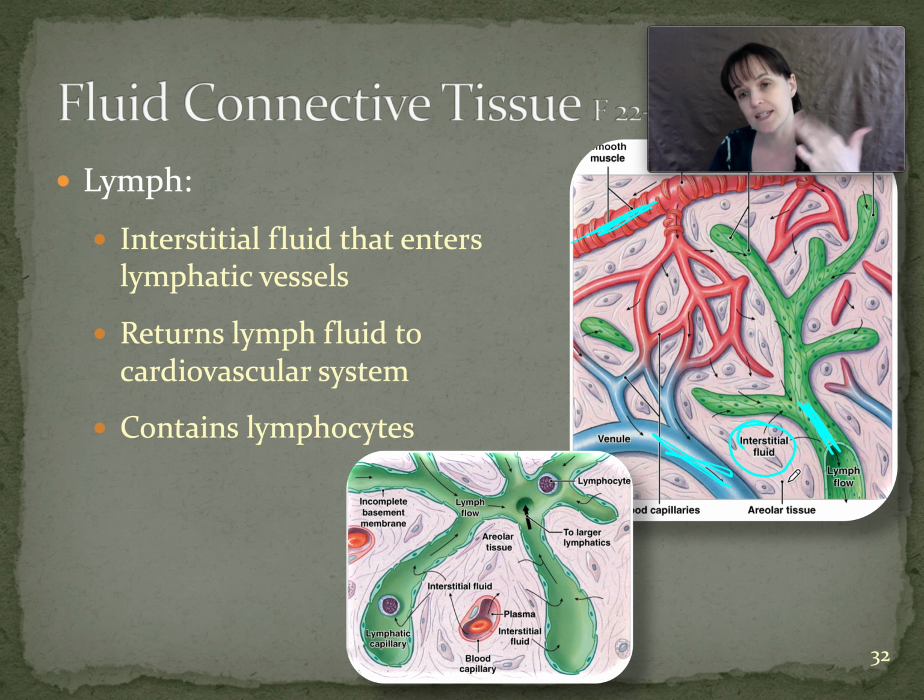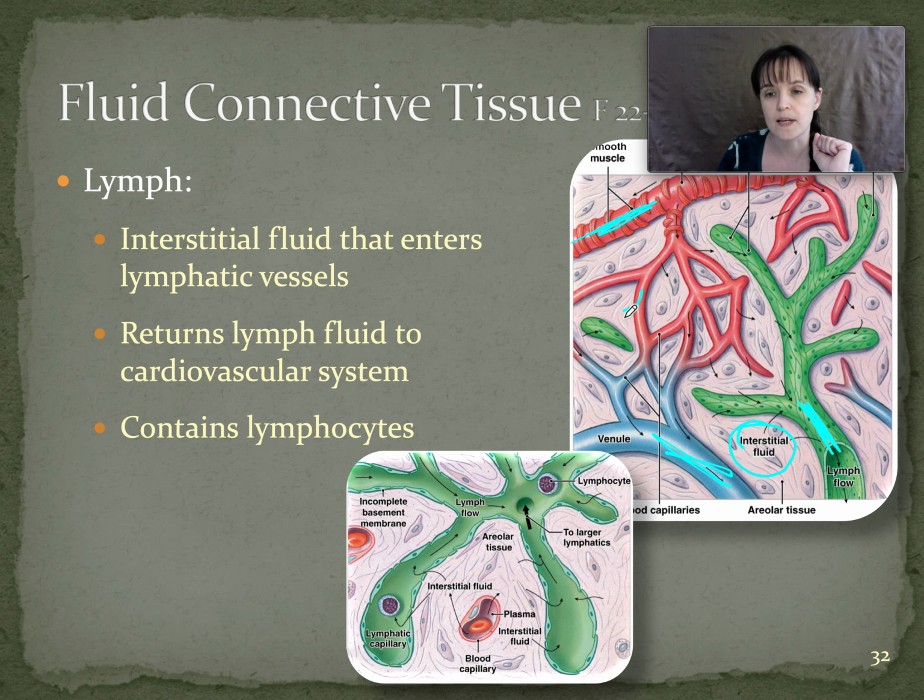So there's a cycle. The blood at the capillaries, and the capillaries are the smallest of the blood vessels. The blood pressure is higher than the pressure of the extracellular fluid or interstitial fluid.